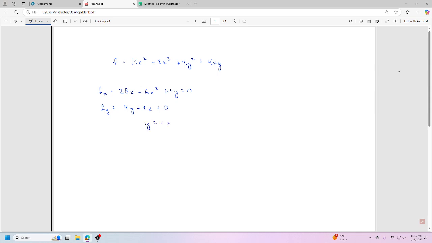So y is equal to negative x, and I toss that in right there. So 28x plus 4 times negative x, and then minus the 6x squared. I'm trying to combine these together, that's why I did it in a weird order. Okay, factor out an x. See, multiple answers. We get 0, and we get 4.